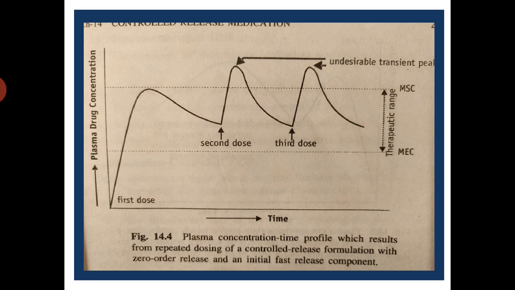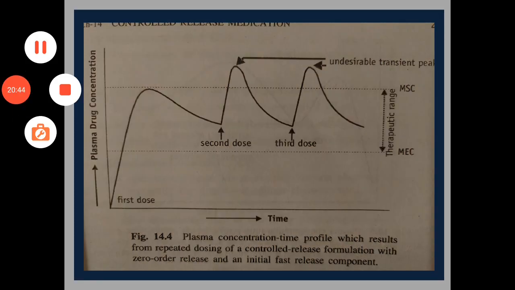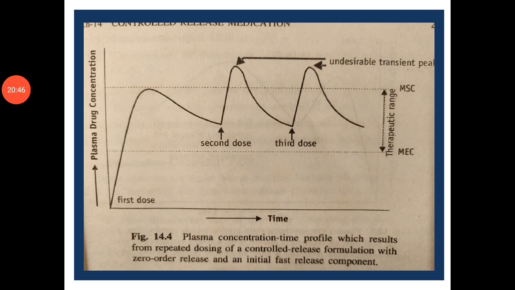Drug molecules with a higher half-life can attain steady state concentration in less time by this method. So the final option is to administer a conventional IR tablet before administering a CR tablet, followed by the CR tablet every day, which gives you a zero order release pattern.